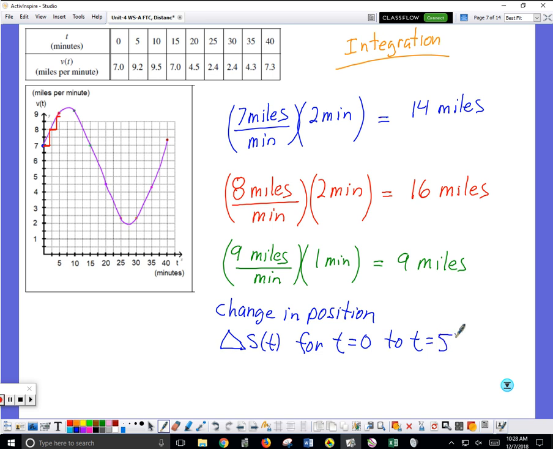Again, don't think too hard, just raise your hand if you can tell me. What's the total change in the plane's position during that 5-minute time period? Hands up, come on. What is the total change in the plane's position during those 5 minutes in total?